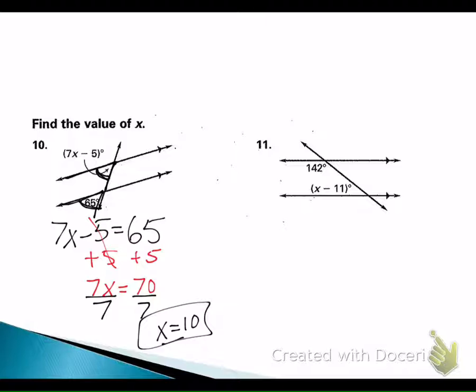What's the relationship between these angles? Same side interior. Woo, woo. The alarm is going off. Why? They're supplementary. They're not congruent. So I'm going to do x minus 11 plus 142 equals 180. Now, careful here because the negative stays with the 11. It's like 142 minus 11.